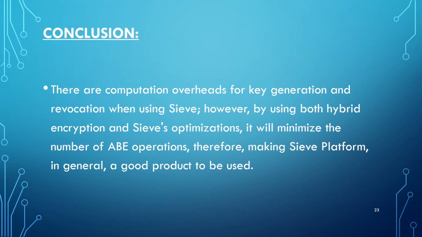Therefore, it won't be that big a computation overhead, and that makes the Sieve platform in general a good product to be used. So overall, Sieve is a good system as long as you follow these steps to avoid overhead. By using both hybrid encryption and Sieve optimization, you minimize the cost overhead, which is the number of ABE operations.